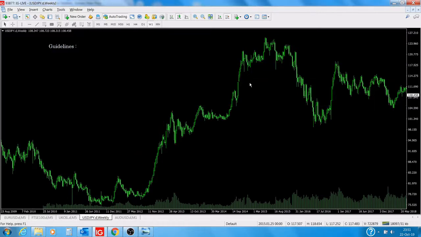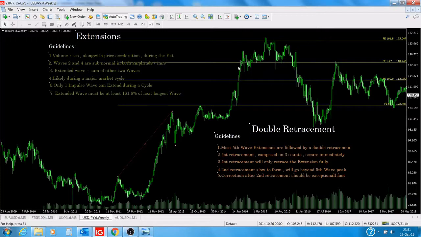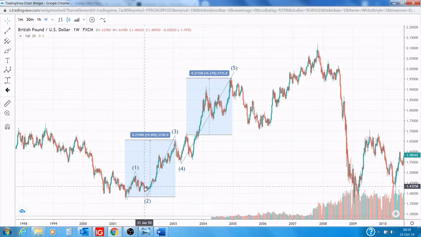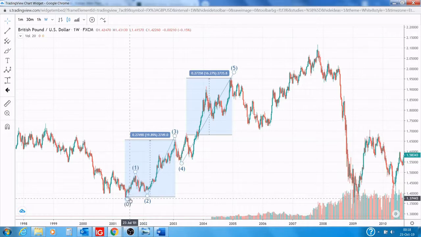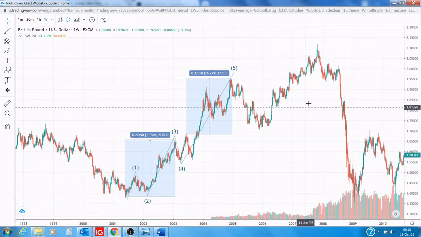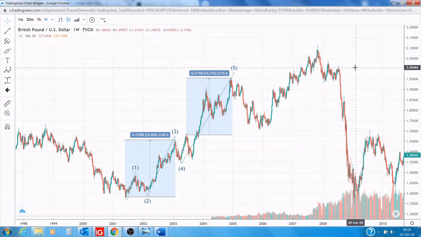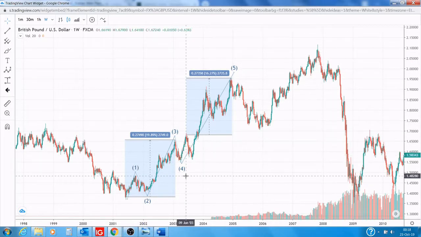The second retracement would consume more time, but eventually go beyond the peak of the fifth wave and mark a new high. And once this entire structure is complete, there would be a corrective wave which should be of more strength, more ferocious than what has been observed in the cycle so far.